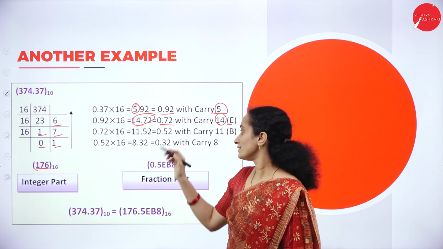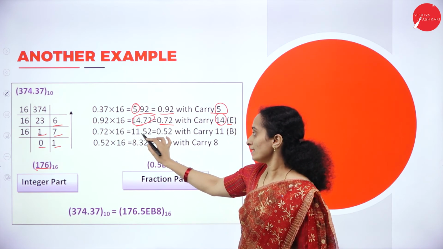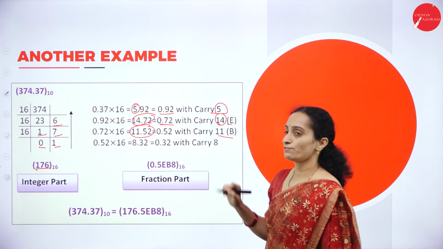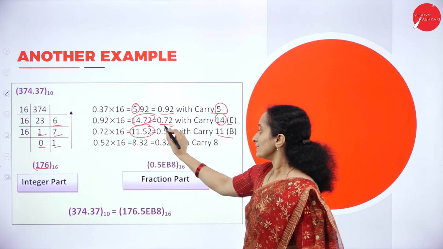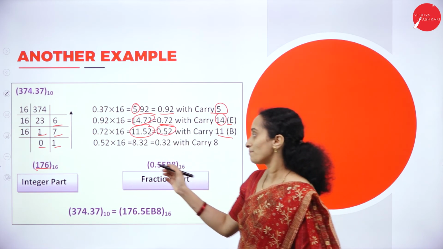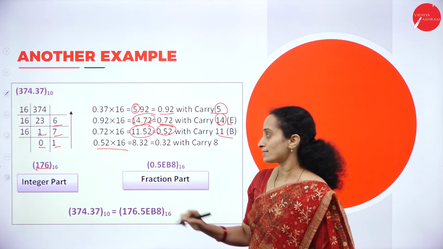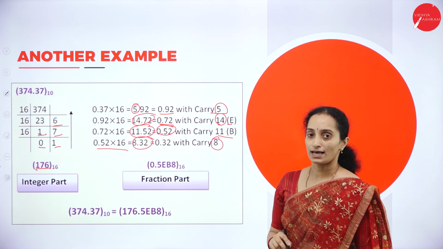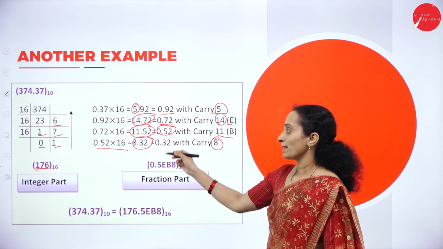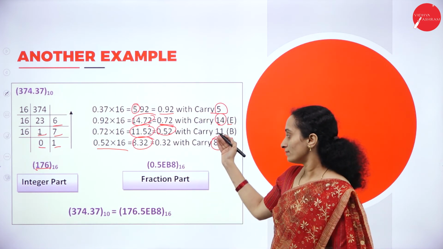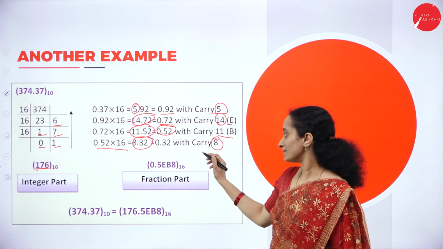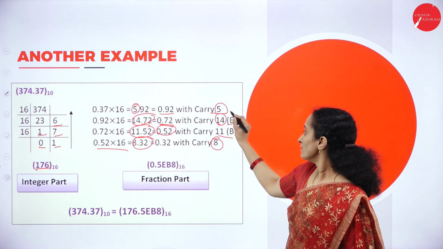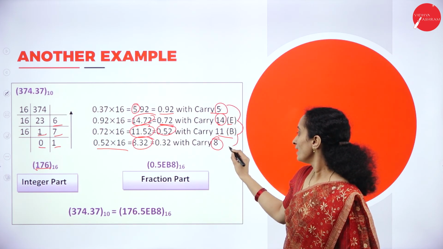The new fractional part is 0.72 into 16, which results in 11.52. 11 will be considered as the coefficient for the next position and 0.52 will be the new fractional part. 0.52 into 16 results in 8.32, where the coefficient considered will be 8. Since again it is not attaining 0, we will stop our conversion at the 4th position. Result will be 0.5EB8.